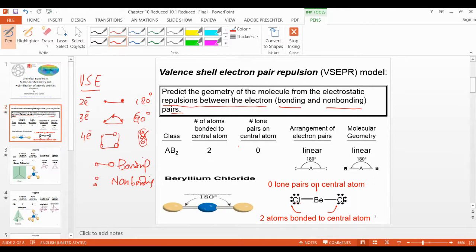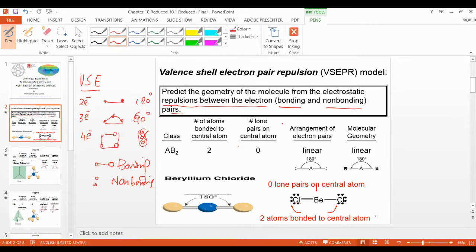To minimize the interaction, right? Yeah, maximum distance, to minimize interaction. Maximum distance and minimize interaction, right? So in such a way that the geometry is formed, that is known as molecular geometry.